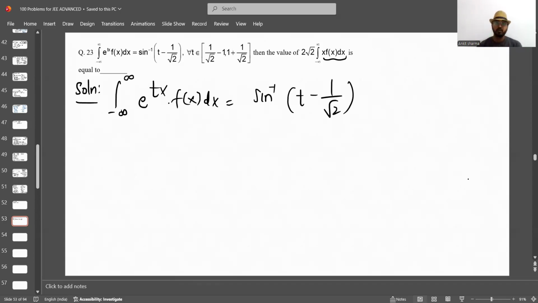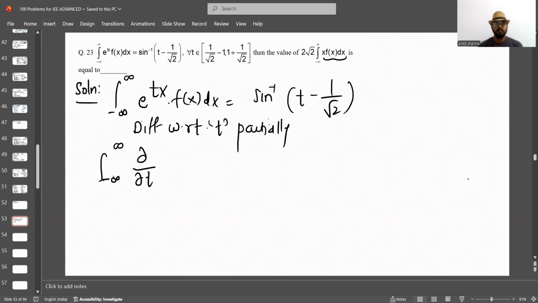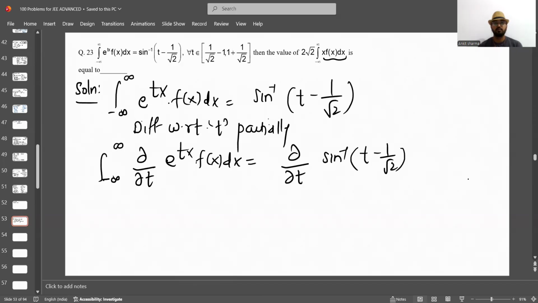That is required. So of course, now if I treat this as a function of t and differentiate partially with respect to t, basically what happens here is differentiation under the integral sign. So I'm going to have the integral from minus infinity to infinity of del over del t of e to the power tx into f of x dx is equal to del over del t of sine inverse of (t minus 1)/root 2.